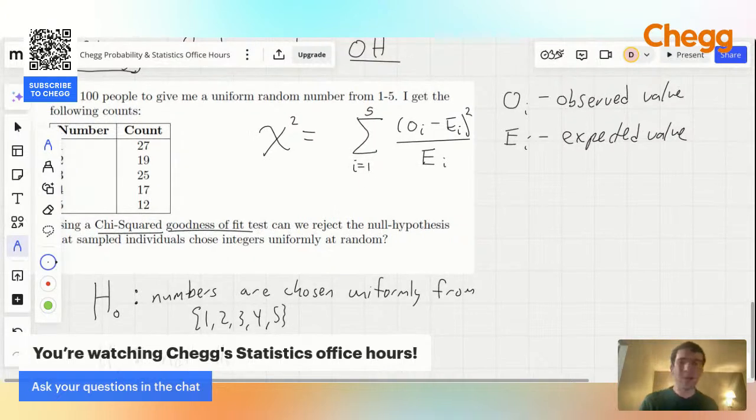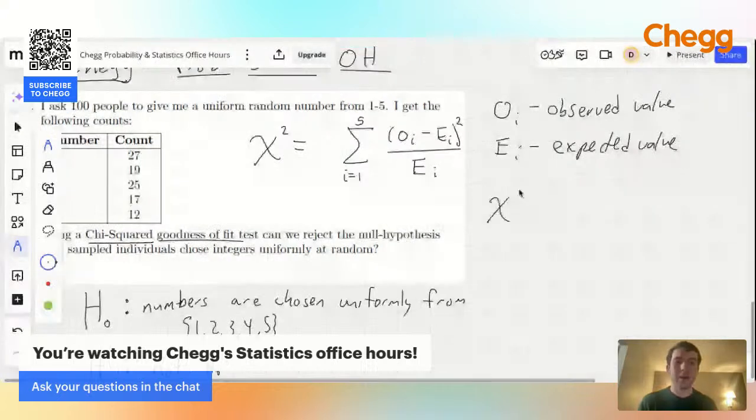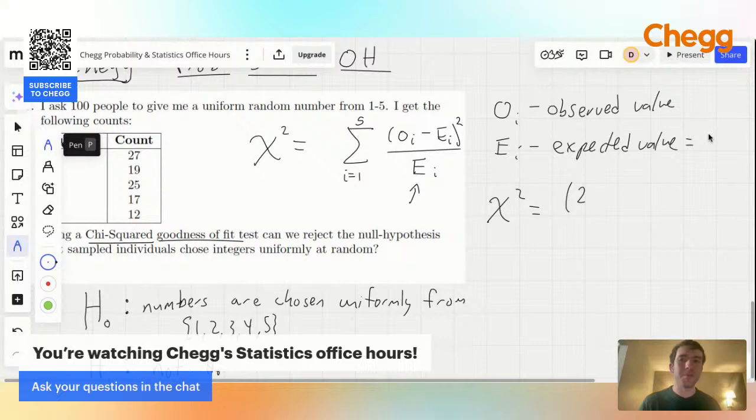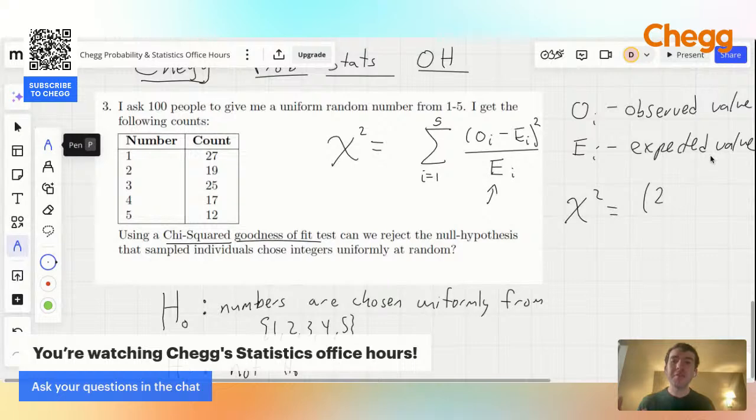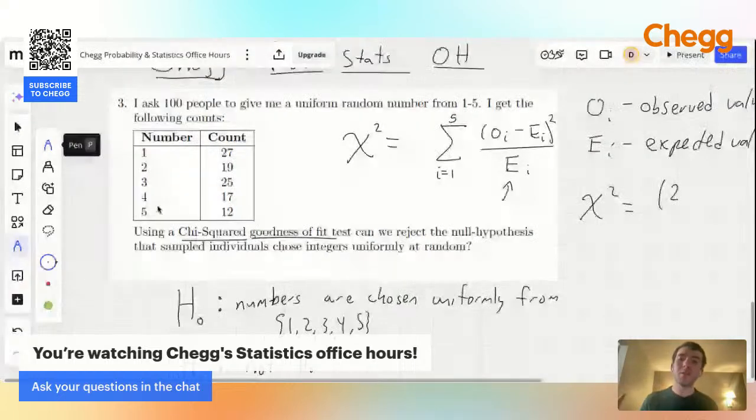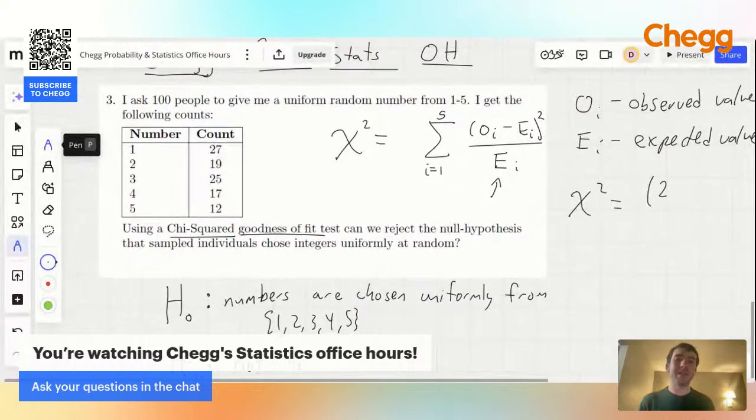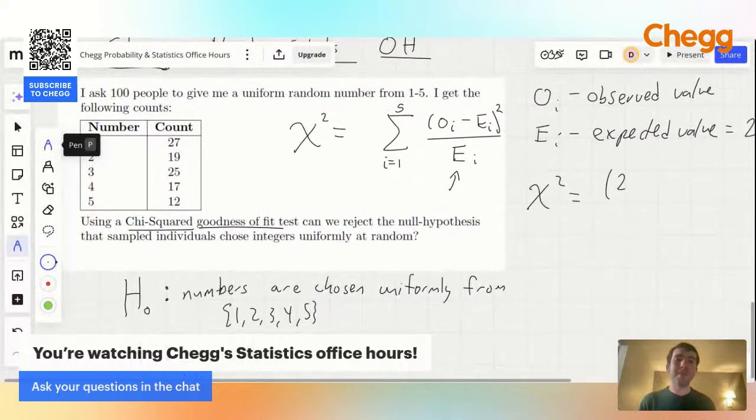Okay, calculate this statistic. So chi-squared. We just plug this into a calculator. We write down the first few terms. So we get 27. So, okay, what's the expected value? In this case, it's going to be 20, because if people chose numbers 1 through 5 completely uniformly at random, there'd be about a 1/5 chance of it being any particular number. And so the expected count of any of them would be about 20. That's going to be the same for all of them.